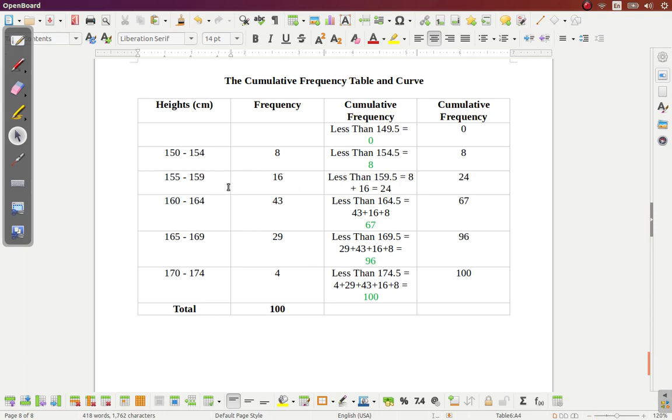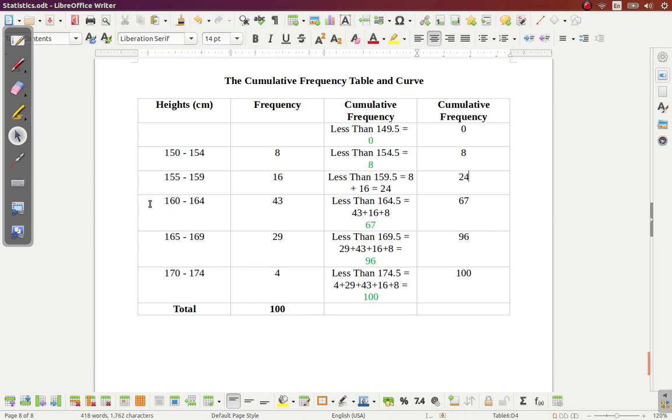Now, let's look back at our table. At the beginning of the 3rd class, the lower boundary is 159.5. How many were shorter than 159.5? You have the 16 plus the 8. A total of 24 were shorter than 159.5.